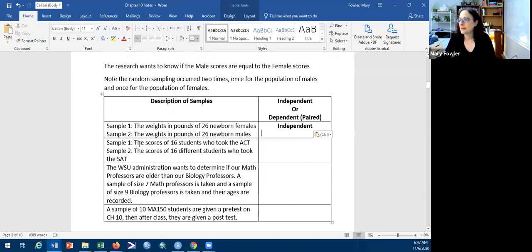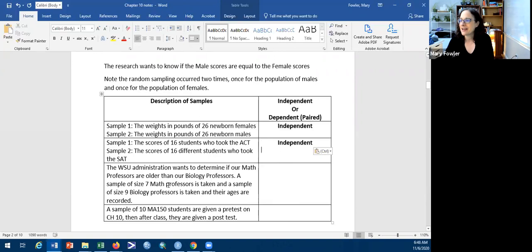Next, the scores of 16 students who took the ACTs and the scores of 16 students who took the SATs. Again, there's no pairing or determination from sample one to sample two, and it looks like there were two sets of samples, so this is also independent. The Worcester State University administration wants to determine if our math professors are older than our biology professors.